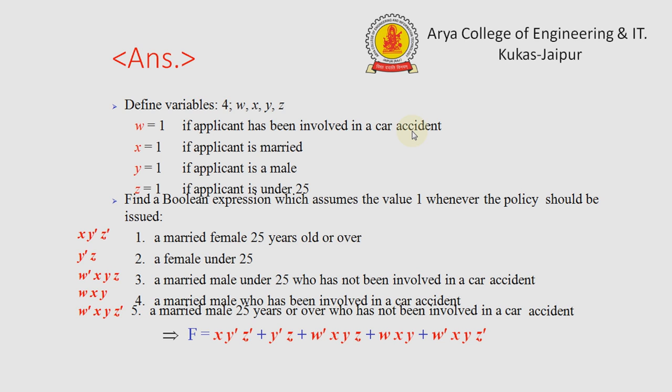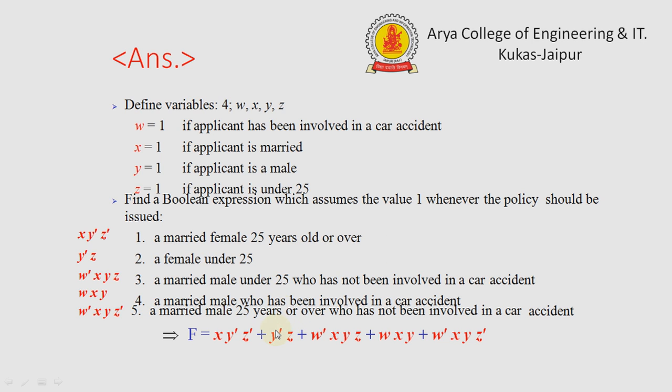Then x y' z' means a married female 25 years old or over, y' z means a female under 25, w' x y z means a married male under 25 who has not been involved in a car accident, and the fourth one is w x y, and so on.